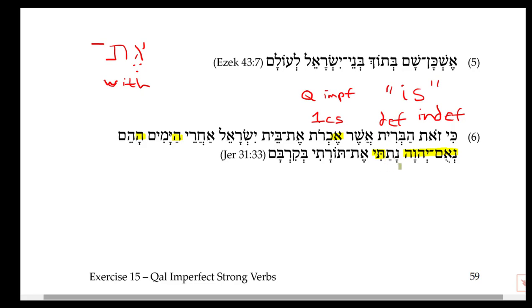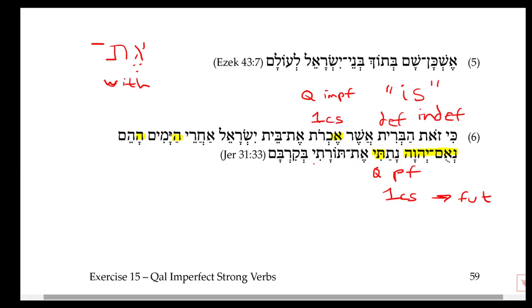But in this case, notice it's a perfect. So this is Qal perfect 1CS. And the perfect, that T is your 1CS. And it's being used here for future. So the perfect can refer to the future in context. Declares the Lord, and then I will give et, now this is going to be a direct object marker. This is what I'm going to give.